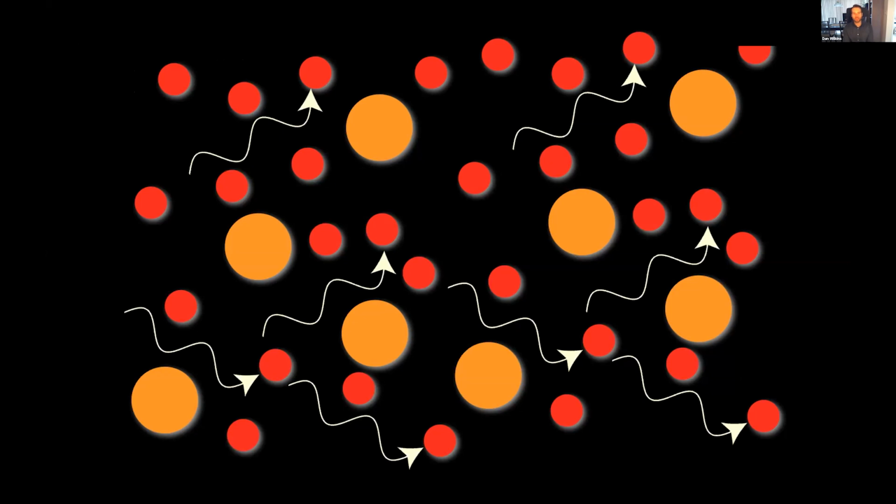So instead of having atoms with protons and electrons, we had the nuclei, and then we had the electrons moving around freely. When electrons are free, they absorb and they scatter any light that tries to travel past them. So in the beginning, the universe was opaque. Light could not pass across the universe.